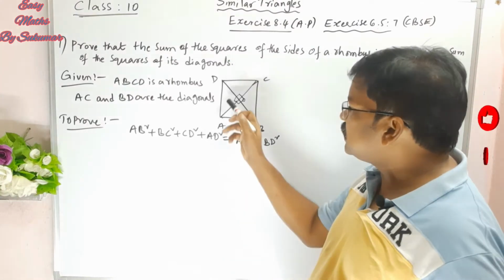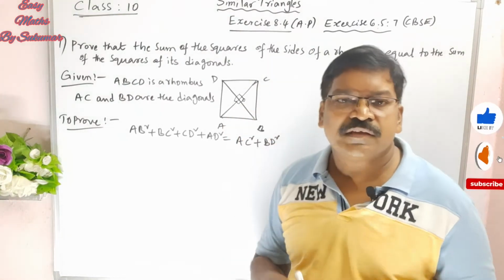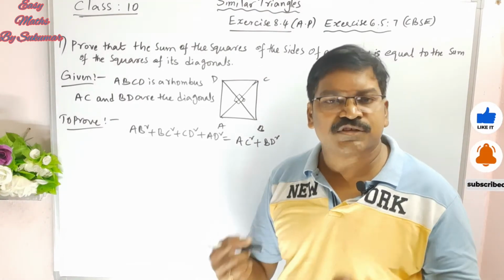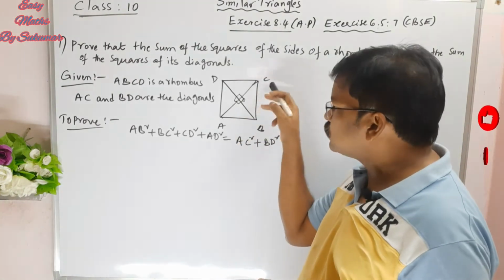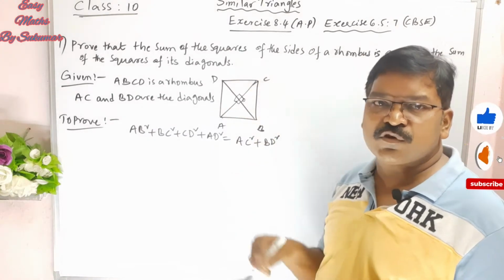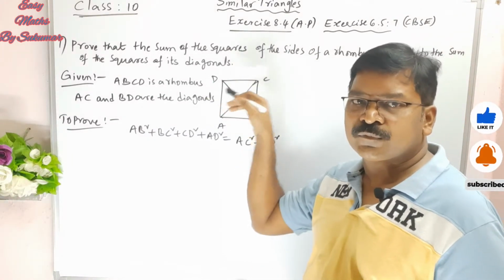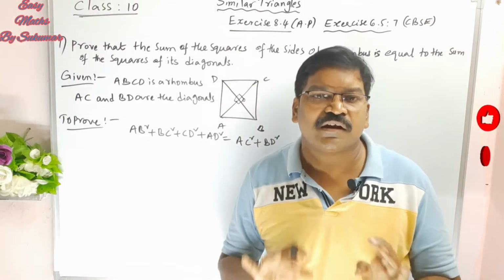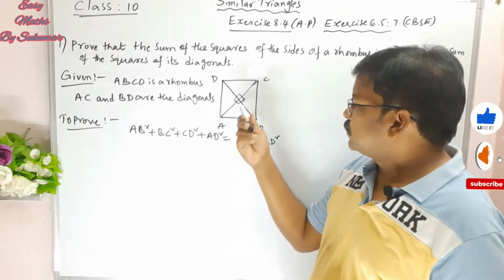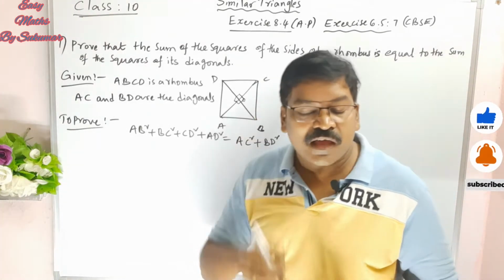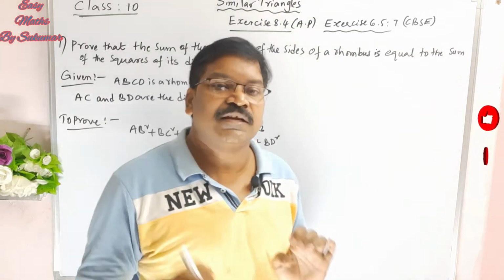That means each triangle, AOB, BOC, COD and AOD, is a right angle triangle. Can you see this figure here? All these triangles are right angle triangles because the diagonals bisect at right angles.